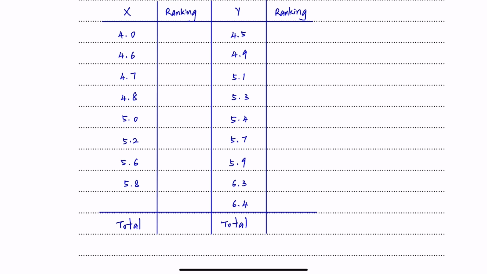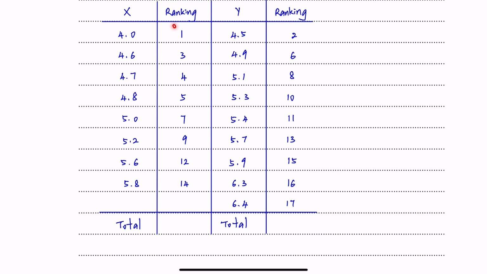So the first one would be 4.0, second one would be 4.5, third one is 4.6, fourth one is 4.7, 4.8, 4.9, 5.0, 5.1, 5.2, 5.3, 5.4, 5.6, 5.7, 5.8, 5.9, 6.3, and lastly 6.4.